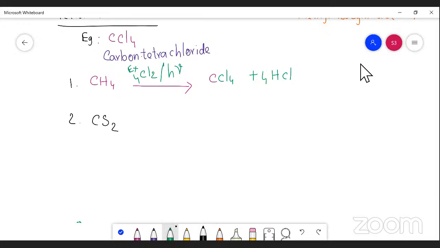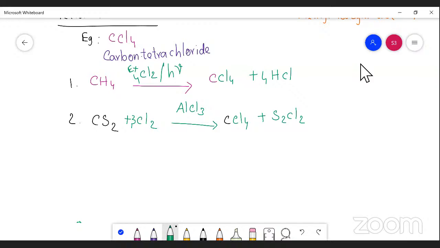When carbon disulfide is reacted with chlorine in presence of anhydrous AlCl3, we get CCl4, carbon tetrachloride, and the byproduct is S2Cl2, by taking 3 moles of chlorine.